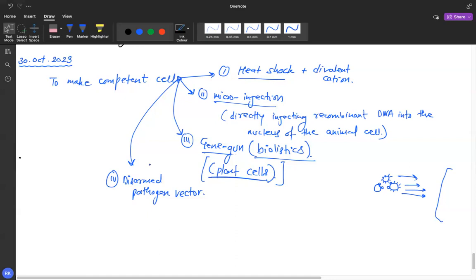So if you are disarming the pathogen using any technique, that technique should not kill the pathogen, but keep it in a form where it can still function as a vector without causing any pathogenicity. So this method is not widely in use now, especially for human-related therapeutics; we rely on making competent cells using heat shock, microinjection, or gene gun method.